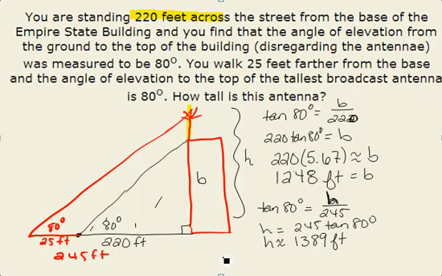Therefore, I know the height of the antenna is taking 1,389 minus 1,248. If I do that calculation, I'm going to see that the height of that tallest antenna is approximately 141 feet.